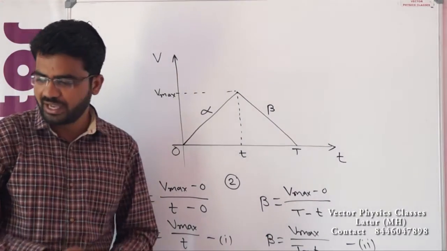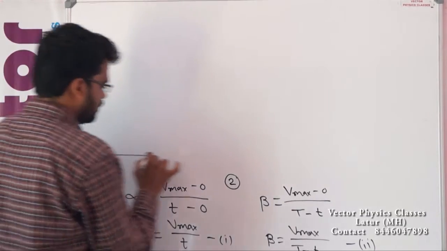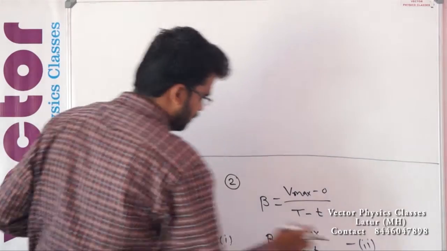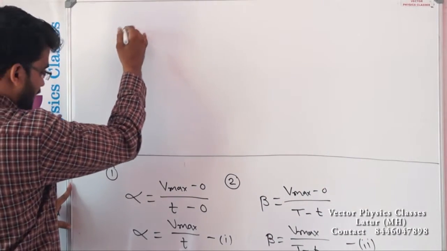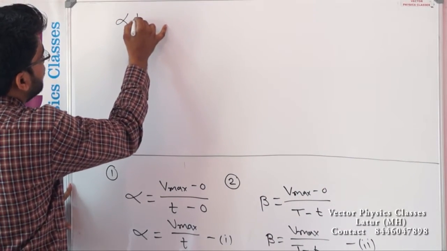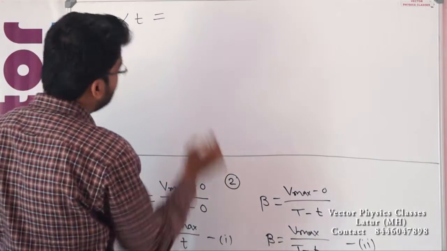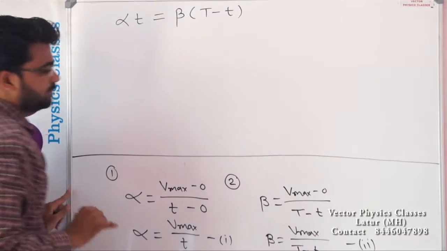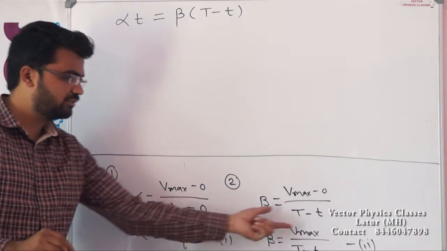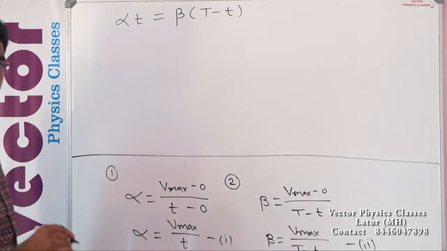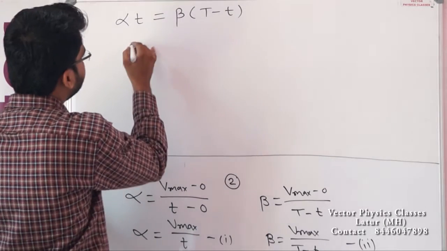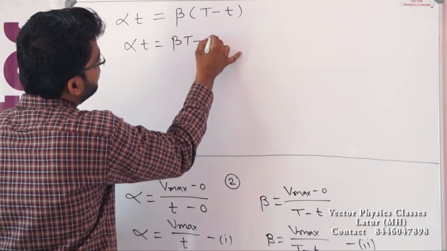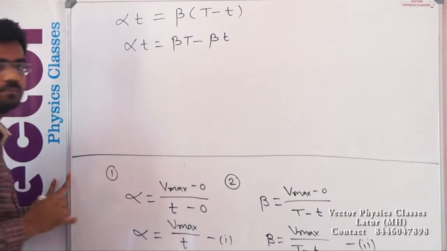So alpha t is equal to beta into capital T minus small t, right? Now alpha t is equal to beta capital T minus beta small t, right?